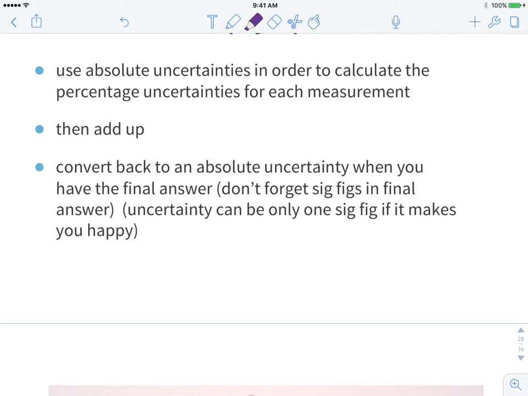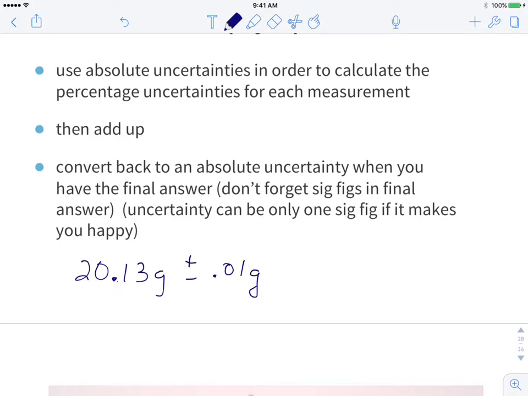Let's do this like we were really measuring it. Let's say that you had a 20.13 gram sample of some kind of metal, and the uncertainty was plus or minus 0.01 grams.